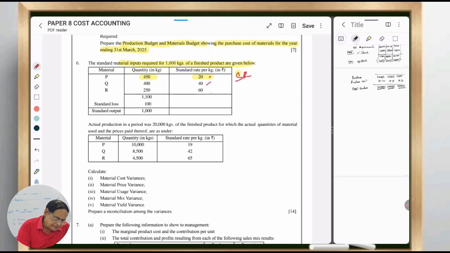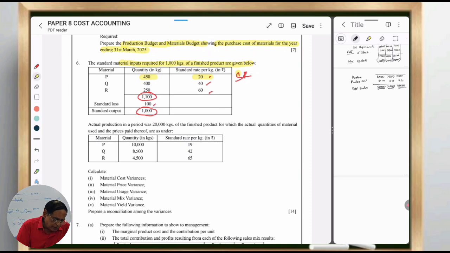These are standard rates: for P, Q, R the standard rate is 20 rupees, 40 rupees, 60 rupees. The quantity required is 450, 400, 250. Total requirement is 1,200. In order to manufacture 1000 units, we have to input 1100 units of raw material, sustaining a standard loss of 100.